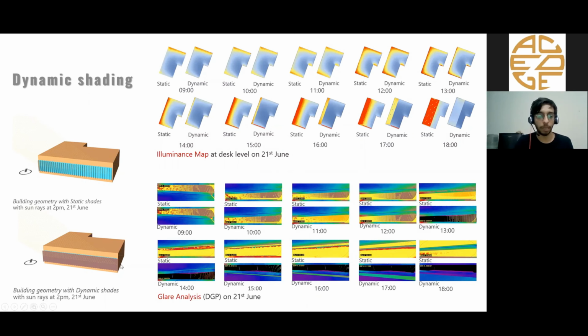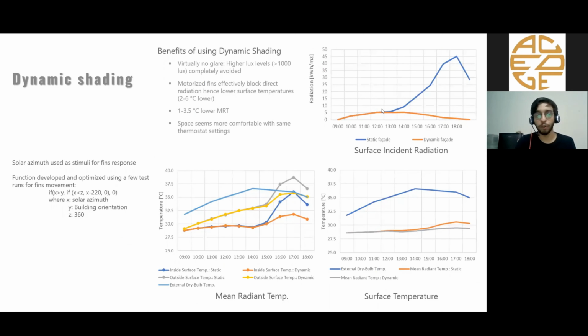But if you have dynamic, so your louvers are movable, then you'd have better performance. You can see that illuminance, your daylight, is improved, your glare is also much less, and your energy performance has improved.